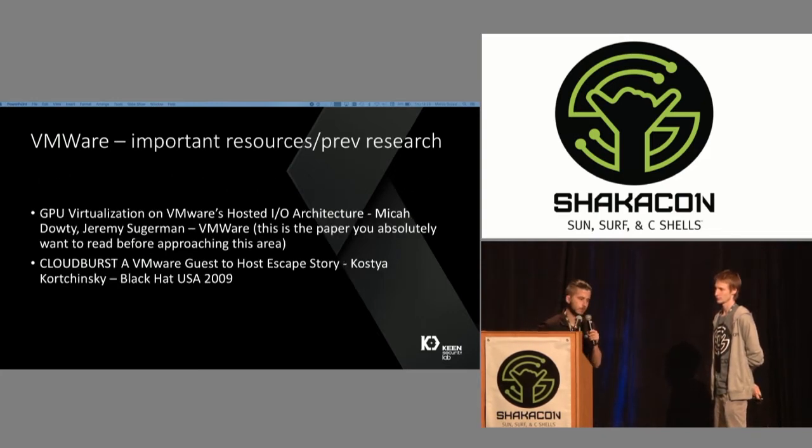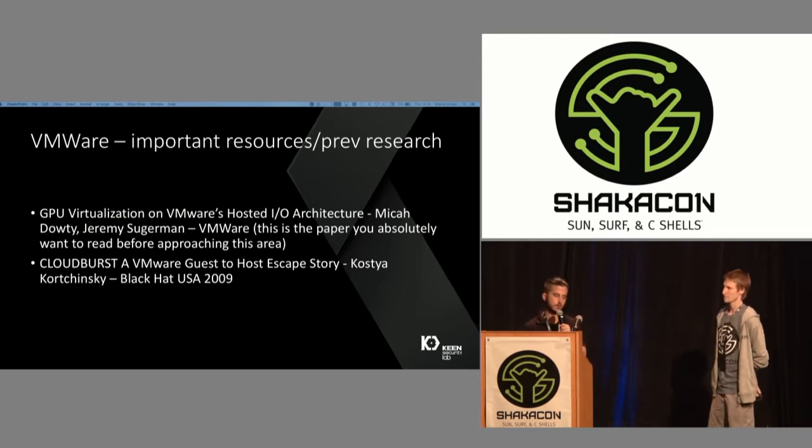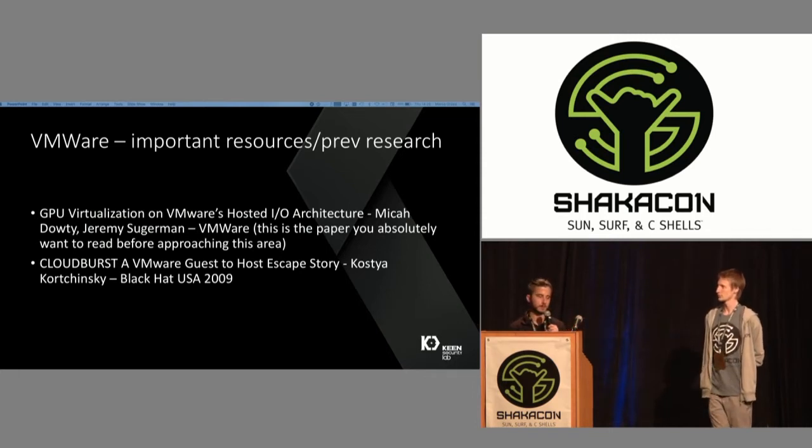So there was some previous research and readings. The most important one is by VMware itself, where they describe how they implemented the virtualized GPU inside of VMware. This paper must absolutely be read if you want to research in this area, because it will give you the basic knowledge to understand how to communicate with the GPU and how to do fuzzing.